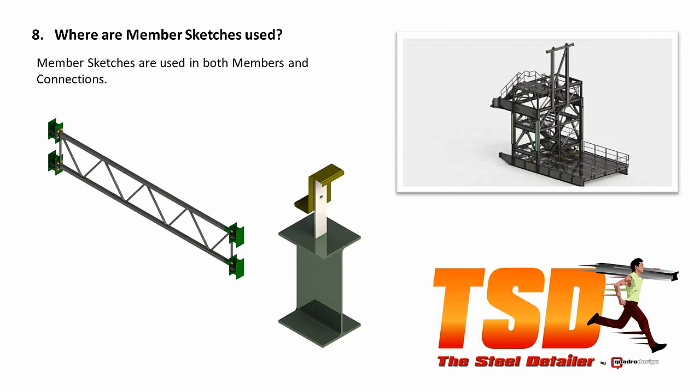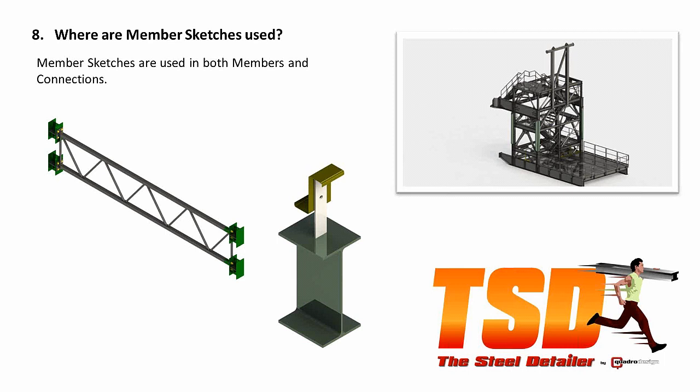Now, sketches in connections. Sketches in connections can be member sketches as well as sketch points. When you insert a connection, TSD puts a 3D sketch point inside the welded member to which the connection's been inserted, and it incontextually links that sketch point to the driving sketch.